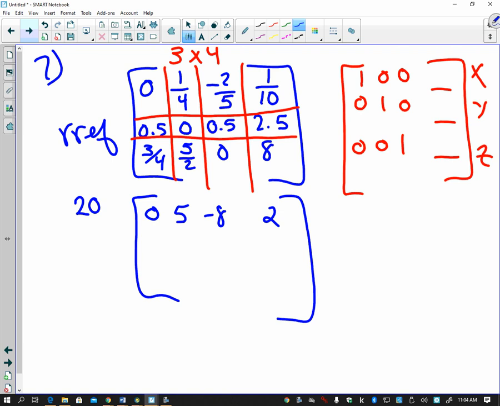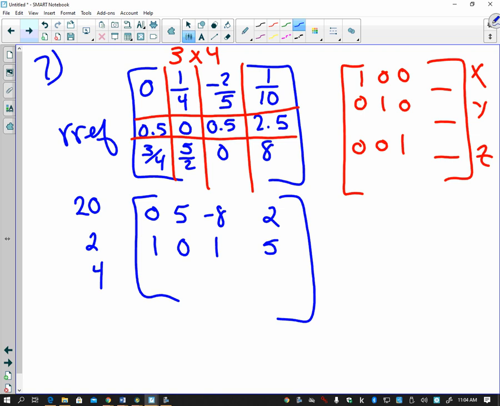Now I have a half, 0, a half, 2.5. Can I multiply each of those by 2? I might be able to multiply by 2, because 1/2 times 2 is 1. So 1, 0, 1, and 5. Then I got 3/4 and 2, so I should be able to multiply by 4.